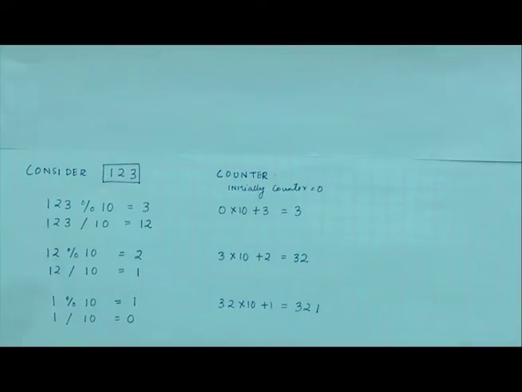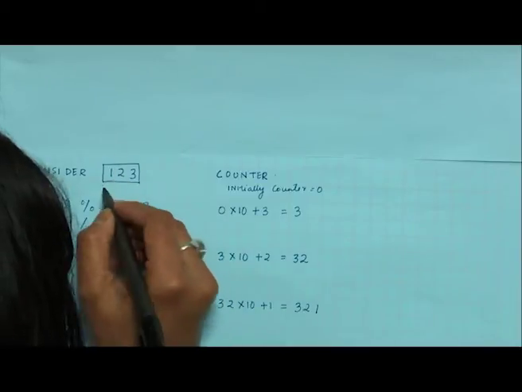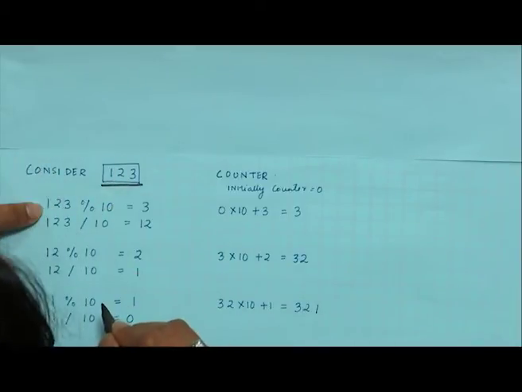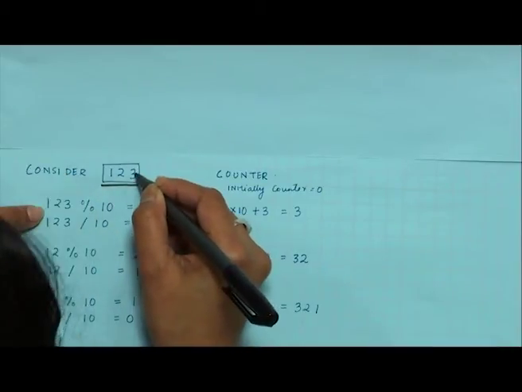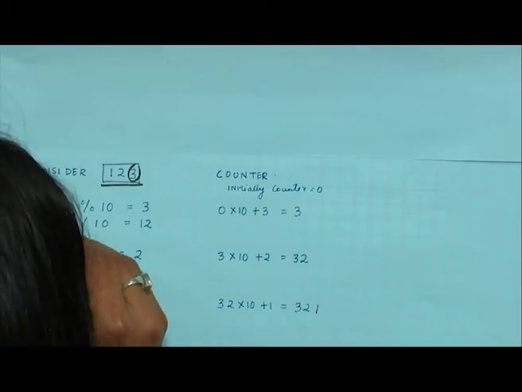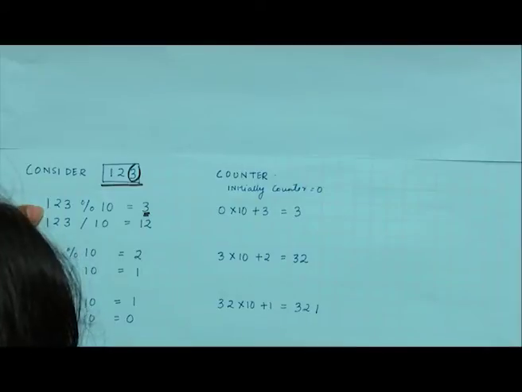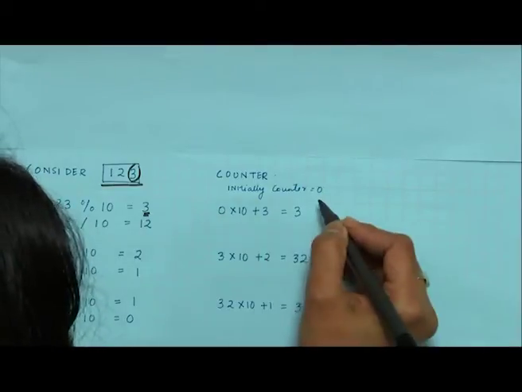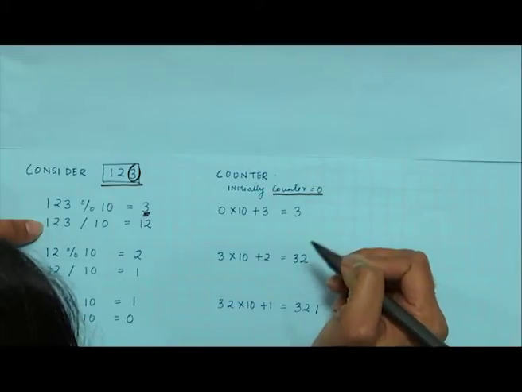Firstly, let me explain the concept. If we consider the number 1, 2, 3, we take the remainder of the number. The remainder will be 3, so we have extracted the last digit. So, 123 mod 10 gives 3, which is the remainder. Initially you have to take a counter which is 0.